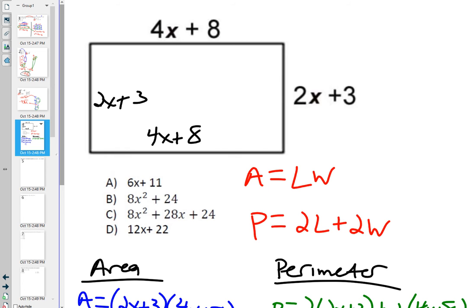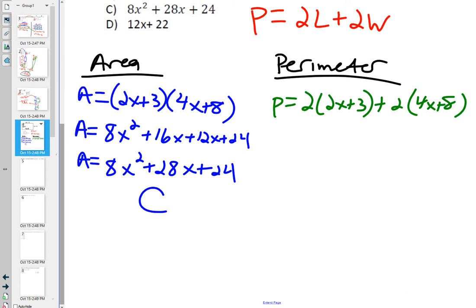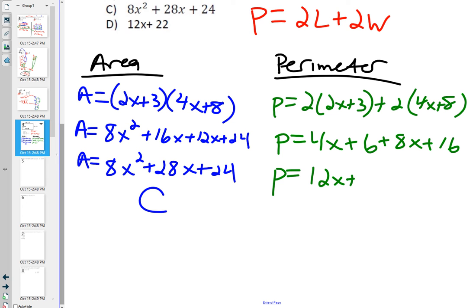And then 12. You're not going to hear me say this very often, but listen to Hiram. Go ahead, Hiram. Yeah, there are 12 x's if you go around. And then what is 3 plus 8 plus 3 plus 8? 22. So I already know it's going to be D, but let's just prove it. 4x plus 6 plus 8x plus 16. Perimeter is 12x plus 22.